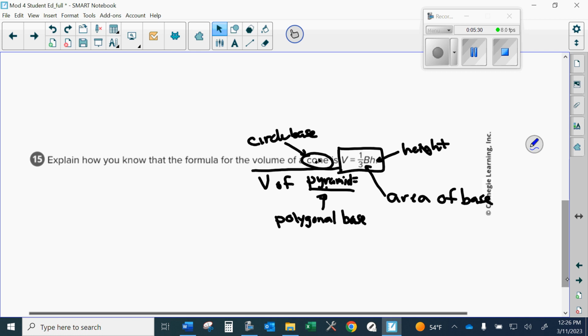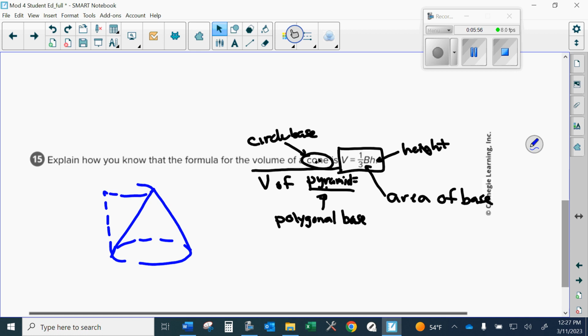Explain how you know the formula for the volume of a cone is 1/3 area of the base times the height. Okay, so again, if I had a cone like this, I can get another one of these right here, and another one of these.